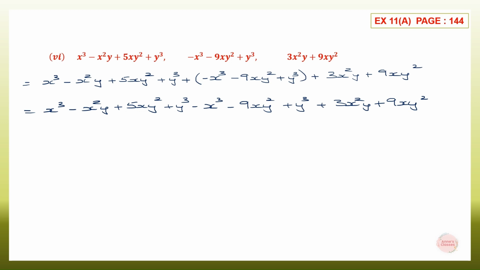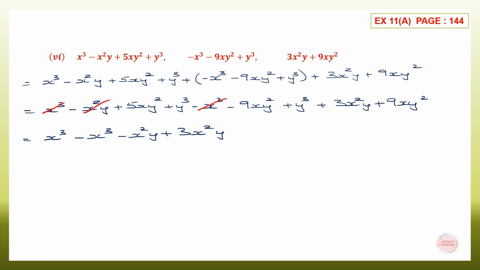Now let's group the like terms. We have an x cube here. Do we have any more x cube? Yes, we have a minus x cube. That's it. So let's write that, x cube minus x cube. Now let's cancel that because we are done with it, and we cancel it so that we don't miss out anything when there are many terms like this. Now let's go to x square y. Here we have an x square y. So minus x square y plus 3x square y. We are done with that also, so let's strike it off.